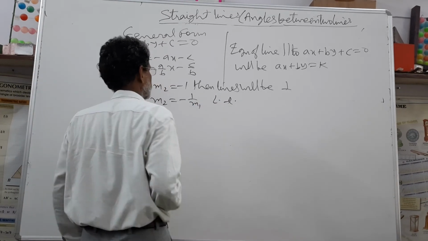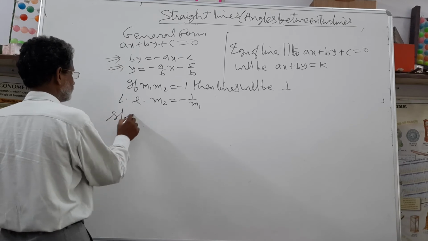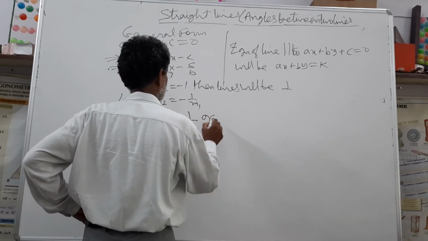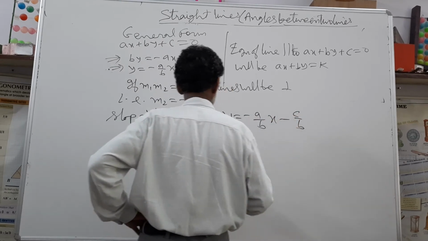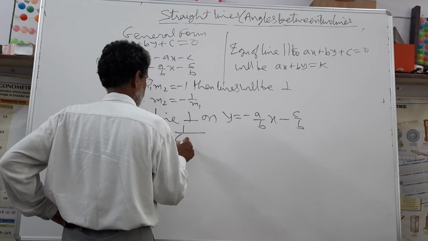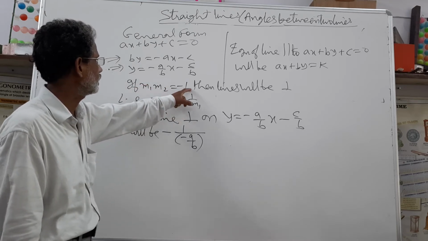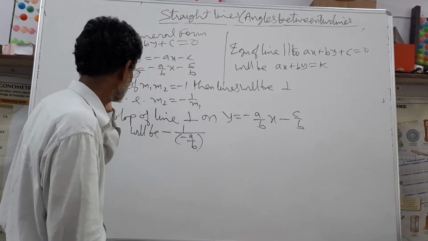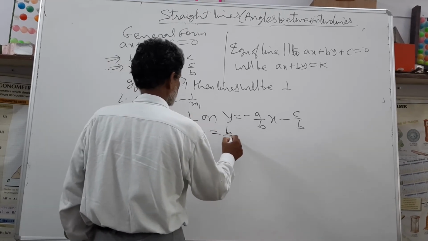That is, the slope of the line perpendicular to y is equal to minus a by b x minus c by b will be minus 1 upon minus a upon b. m2 is equal to minus 1 upon m1 and here m1 is minus a by b, which is equal to minus minus becomes plus 1 upon the fraction reversed, b by a.